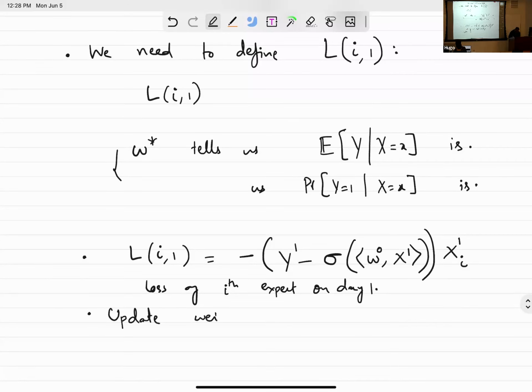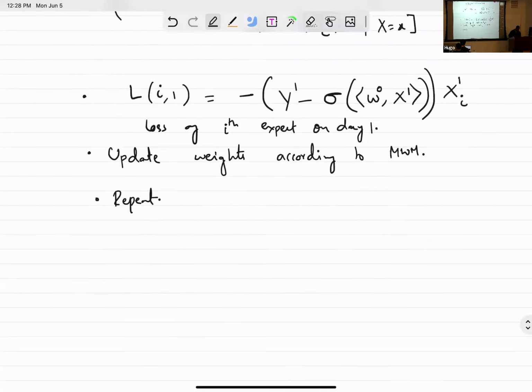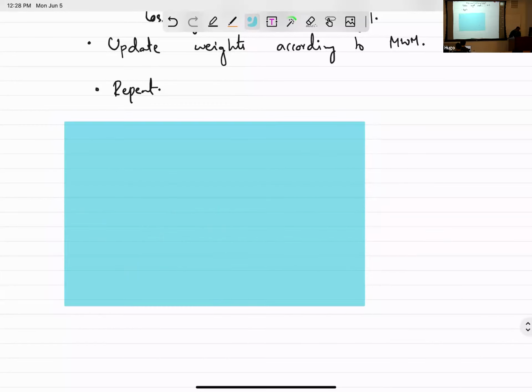Update weights according to MWM. Repeat. Okay. So the final algorithm will be something simple.